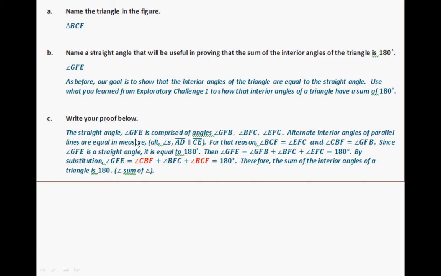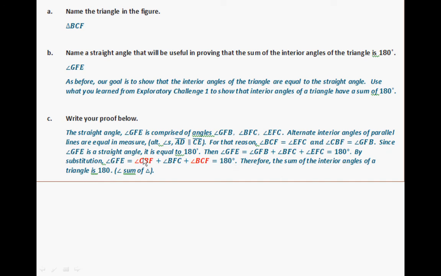So, the straight angle, angle GFE, is comprised of angles GFB, BFC, and EFC. Alternate interior angles of parallel lines are equal in measure. For that reason, angle BCF is equal to EFC, and CBF is equal to GFB.